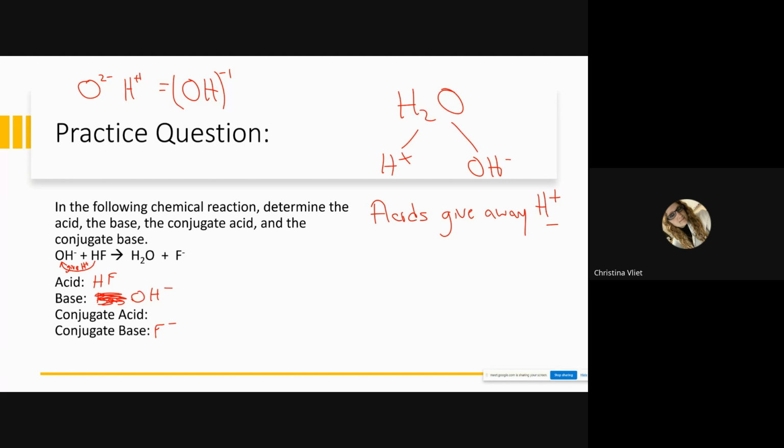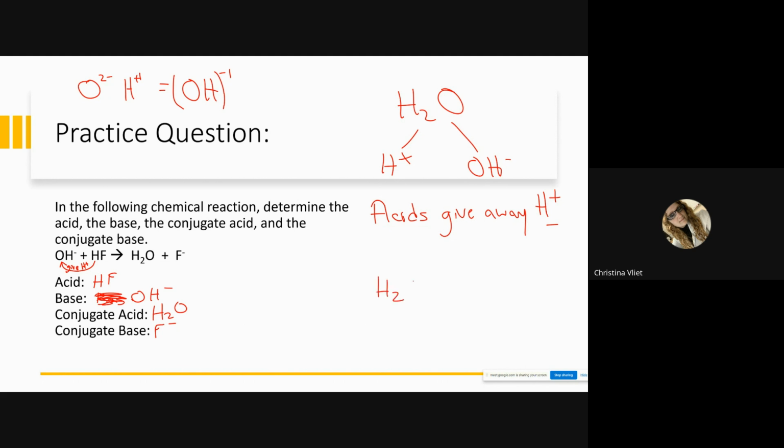Once you figured out the base, you can automatically figure out the acid. H2O. Water. And you're like, wait a second, miss, I thought water was neutral. But think about it.